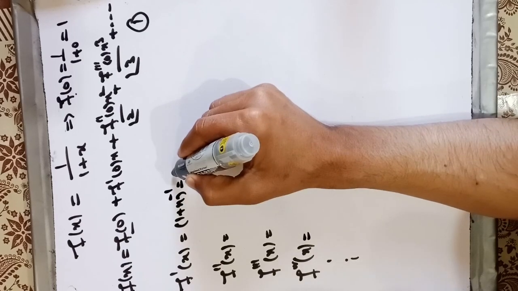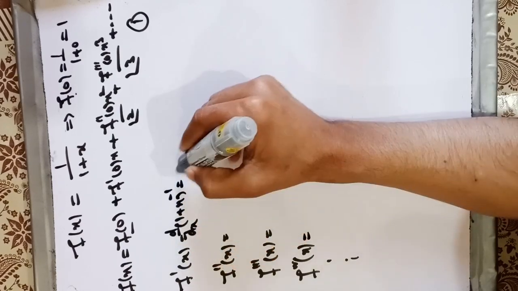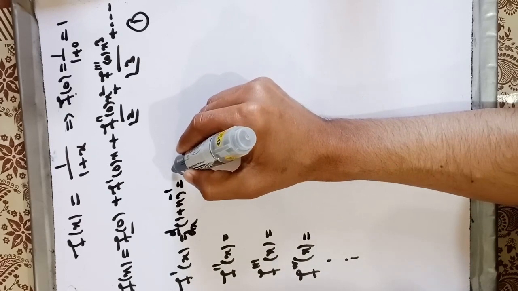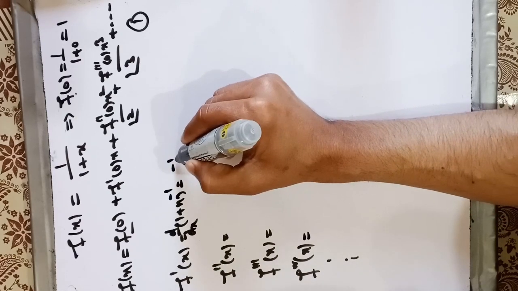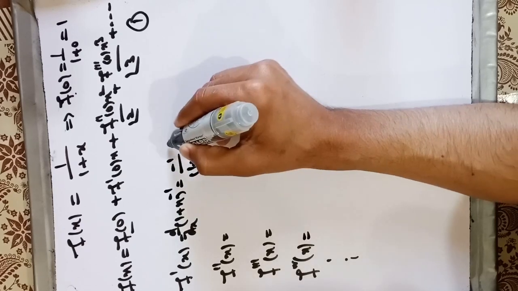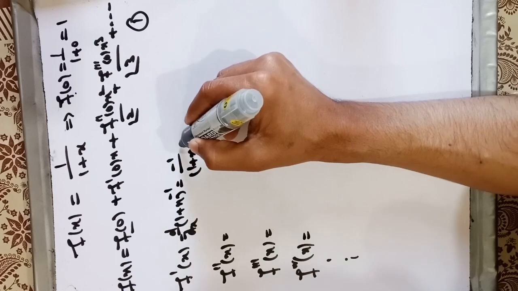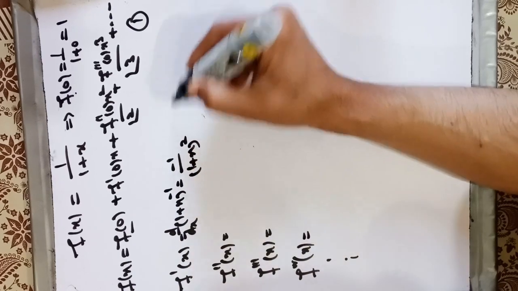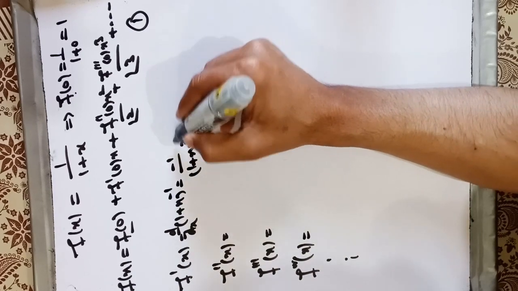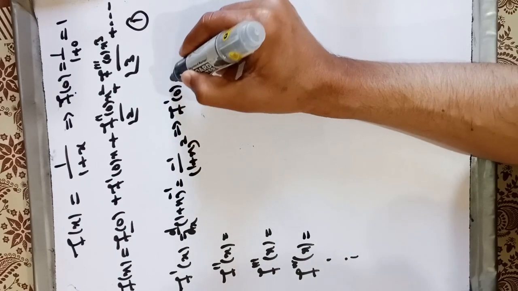In that case we just use the power rule. The power rule will give us minus 1 over 1 plus x, where the numerator power will be minus 2, and in the denominator we get the square. But we can find it at 0.